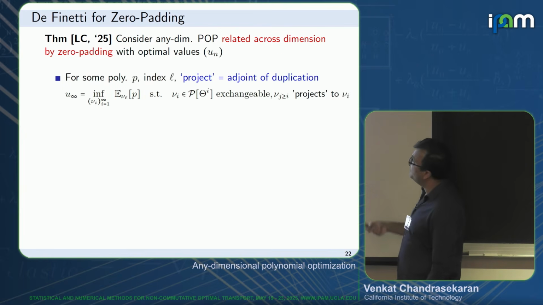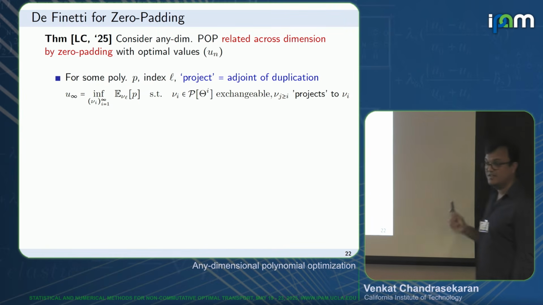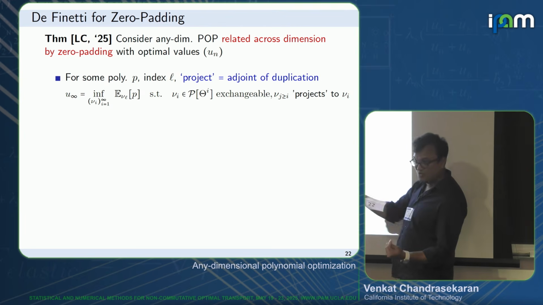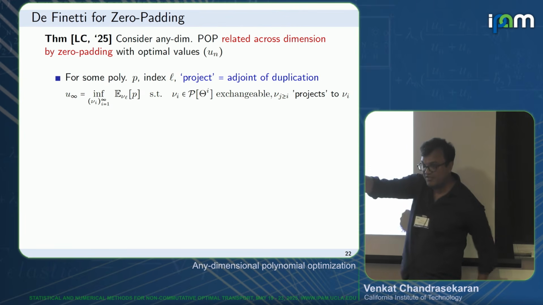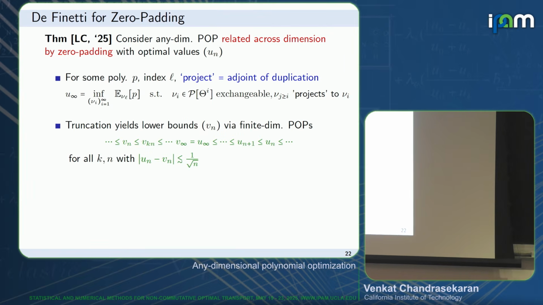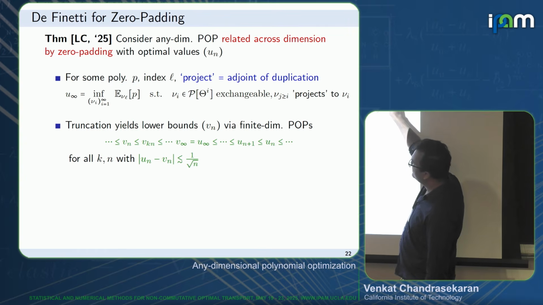So the opposite. It turns out that you can write down a similar characterization of the limiting optimal value, but where the projection now is the adjoint of duplication. So duplication and zero padding swap roles. Truncating this yields lower bounds via finite dimensional POPs.